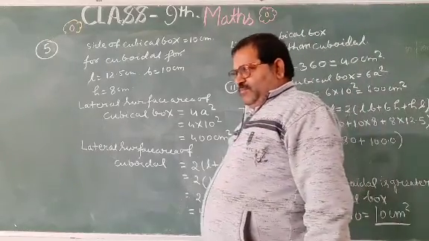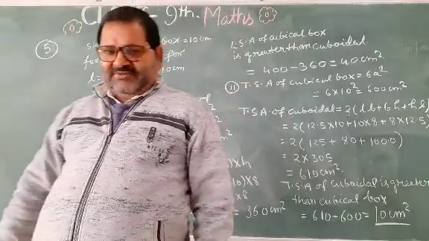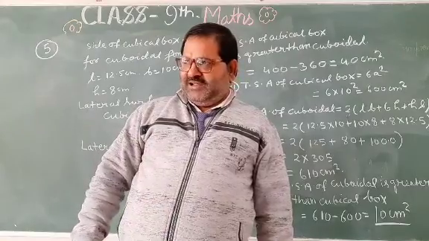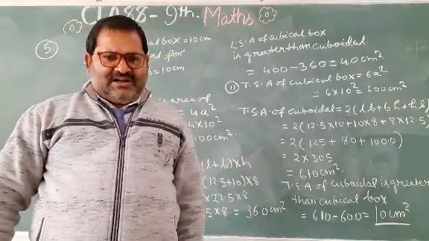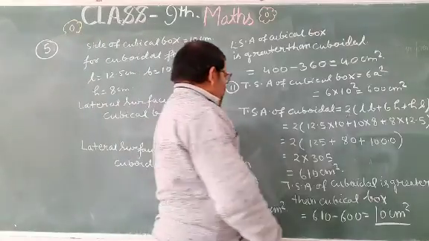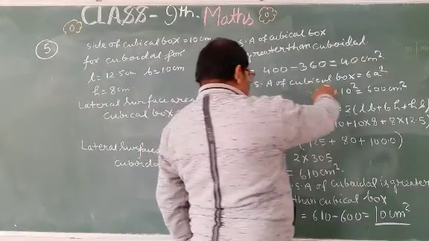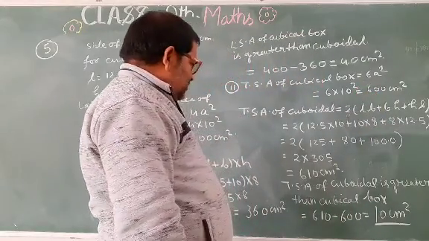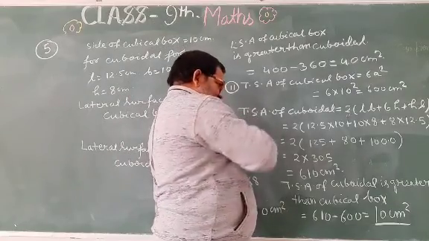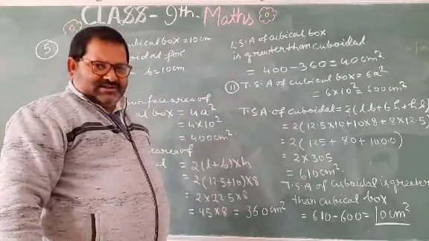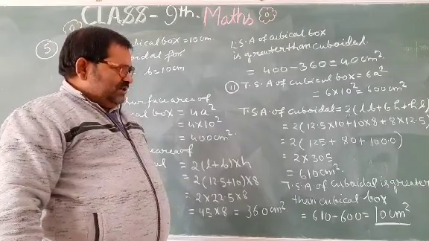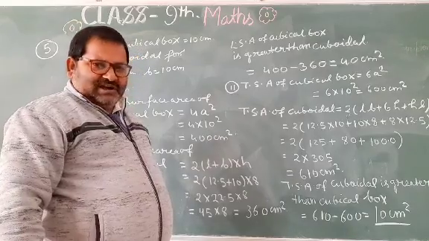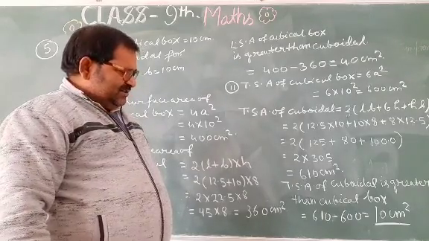In the second step, we find the total surface area of a cubical box and of a cuboidal box. The total surface area of a cubical box is 600 centimeter square, and of a cuboidal box is 2(LB plus BH plus HL), which is 610 centimeter square.